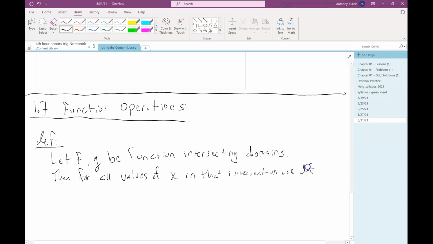we define the sum of 2 functions, f plus g evaluated at x, as f evaluated at x plus g evaluated at x.